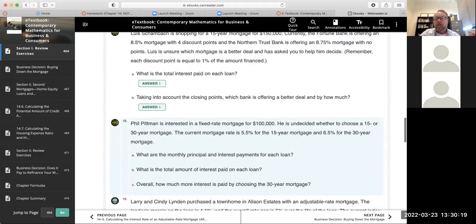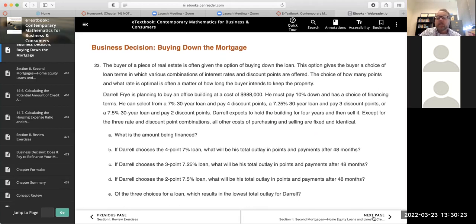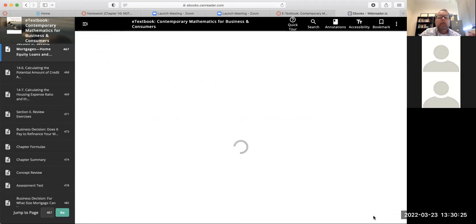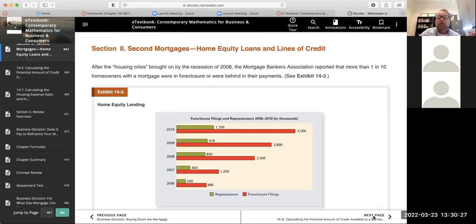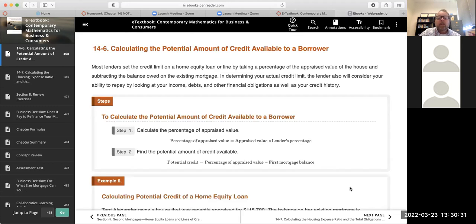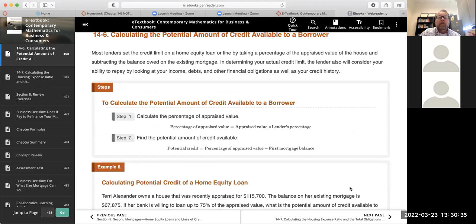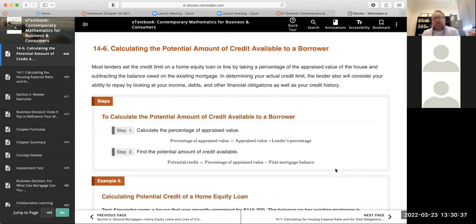But what I want to bring your attention to last in this section is section 4.6, and that deals with basically whether or not you have any value left, any credit available to you within your home. The one thing that's nice about owning a home is oftentimes your home is worth a lot more than you owe.